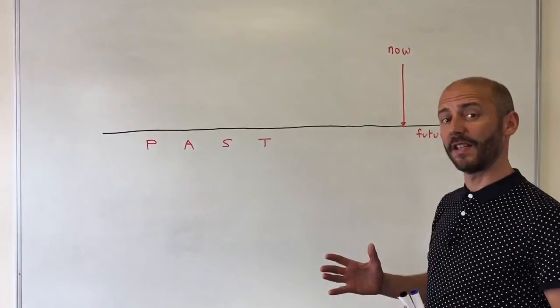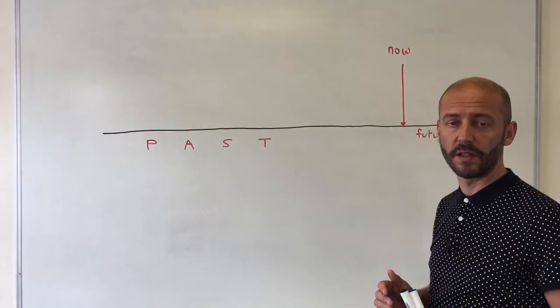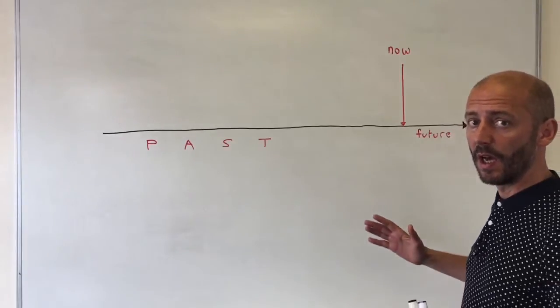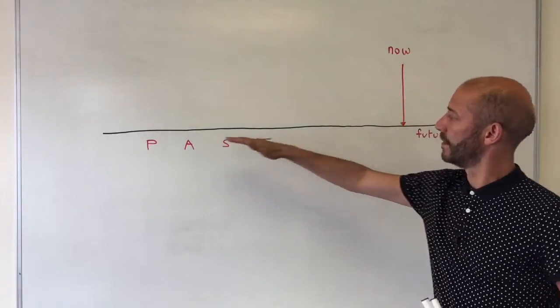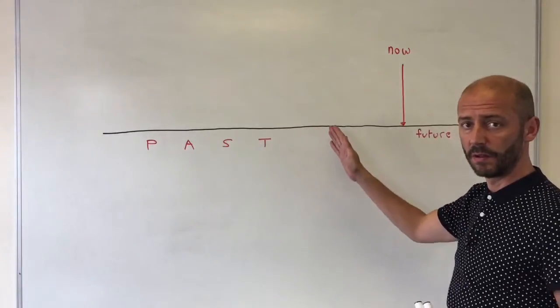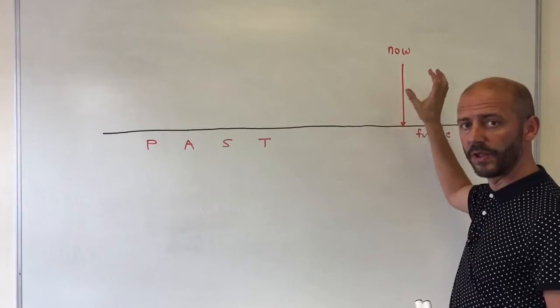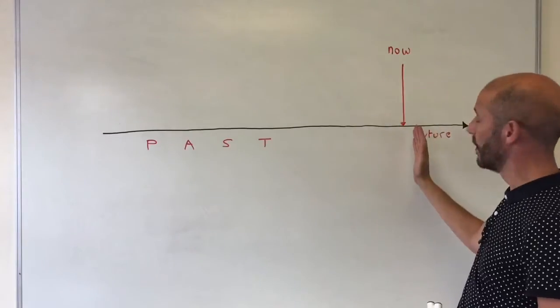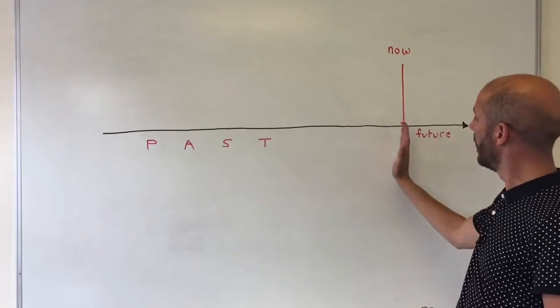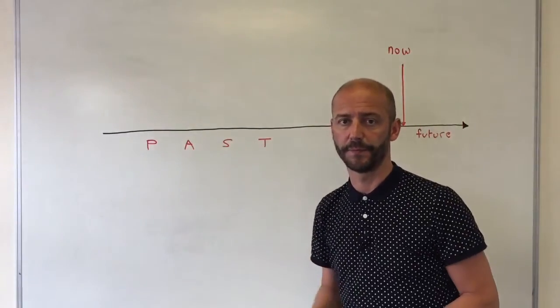I'll just quickly explain the timeline. You've probably seen these in classes and other videos. This represents time moving towards the future. Here we have now, which is the present, the future, and all of this is the past.